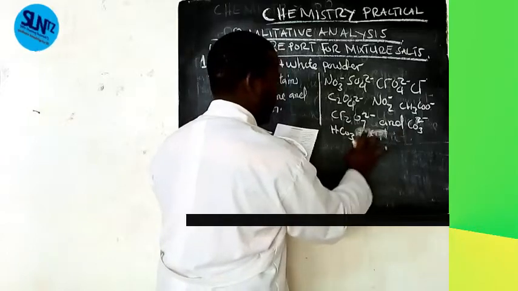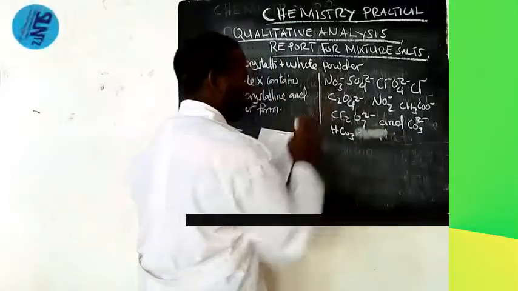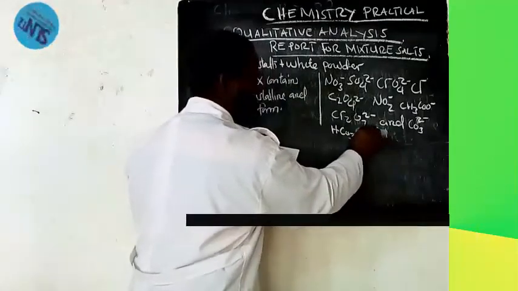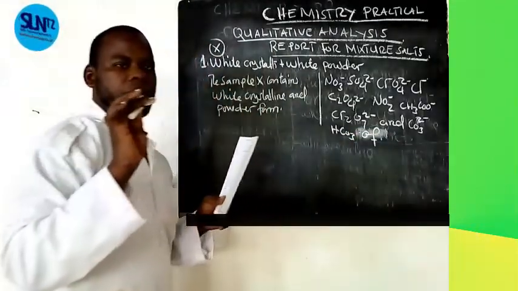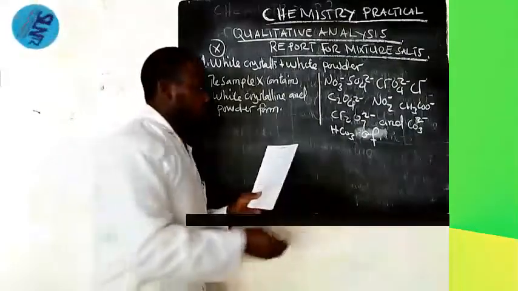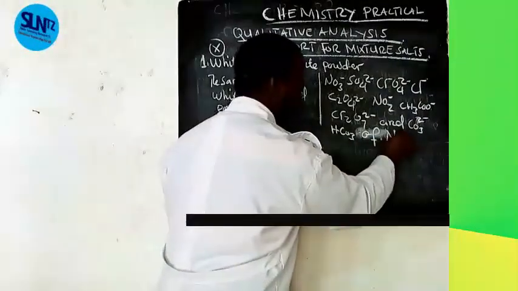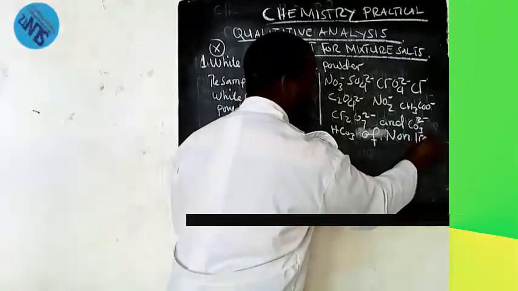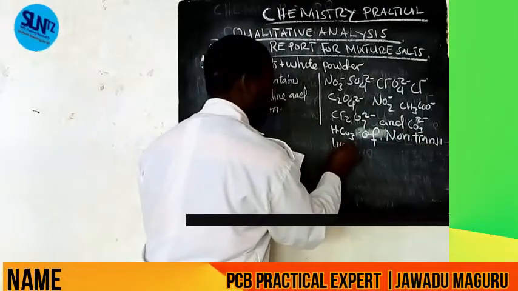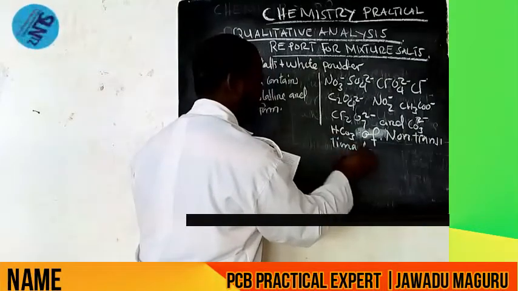Before this, we have to write the cations, of non-transition metal.